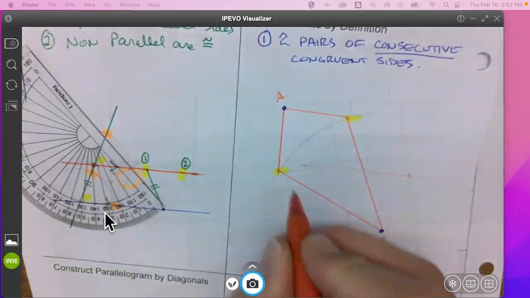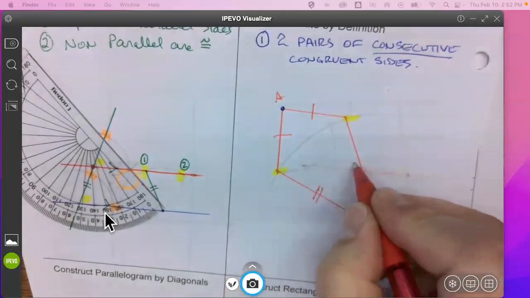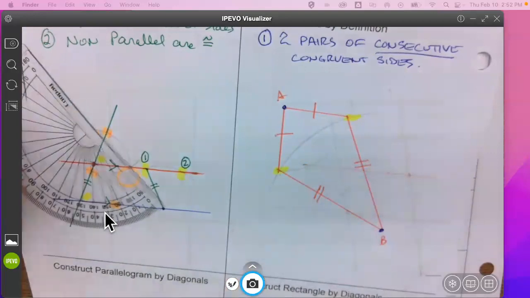And again, let's show what we did. We made these two sides congruent and these two sides congruent.